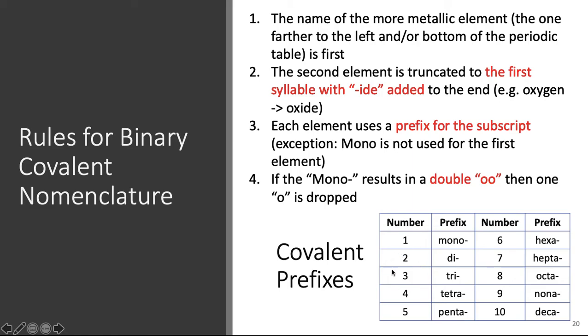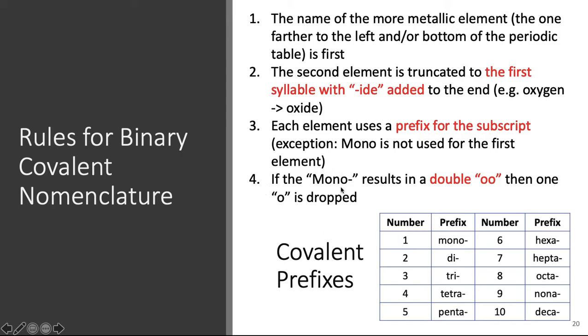But if the first element has any of these, so 2, 3, etc., we will use these prefixes even with the first element. For the second element, all of these are used. It doesn't matter if it's 1; we will use mono for the second, but not for the first.